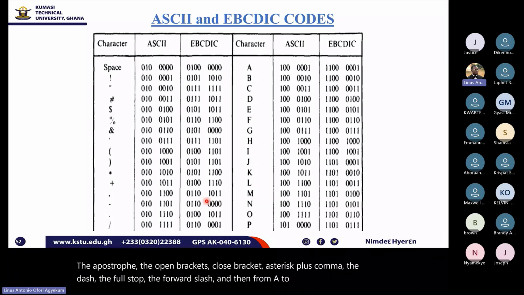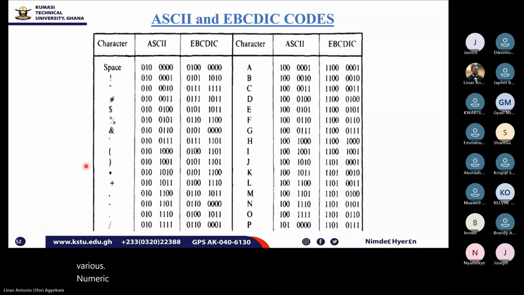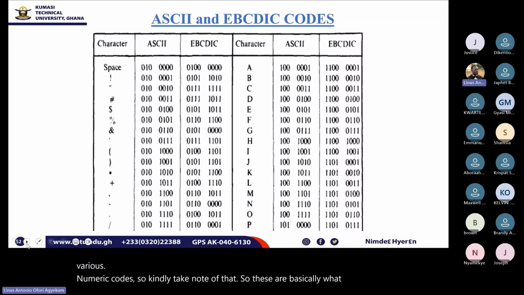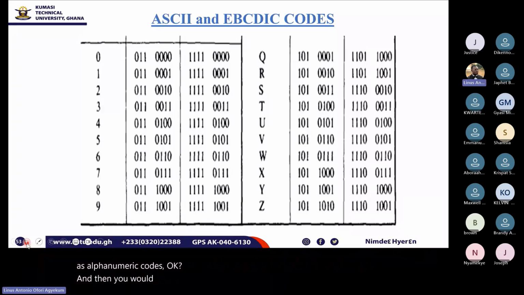They all have their various numeric codes. So kindly take note of that. So these are basically what we term as alphanumeric codes. And then you would have decimal equivalents of these alphanumeric codes as well. So just take note of that.